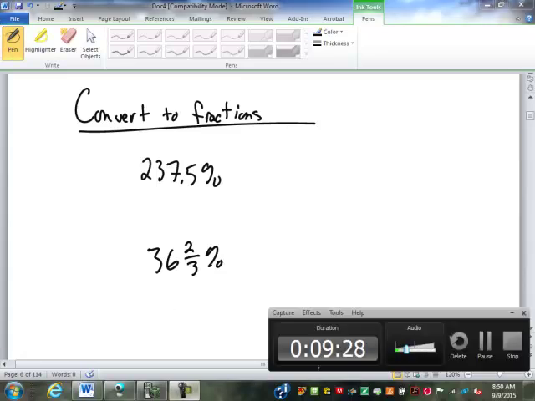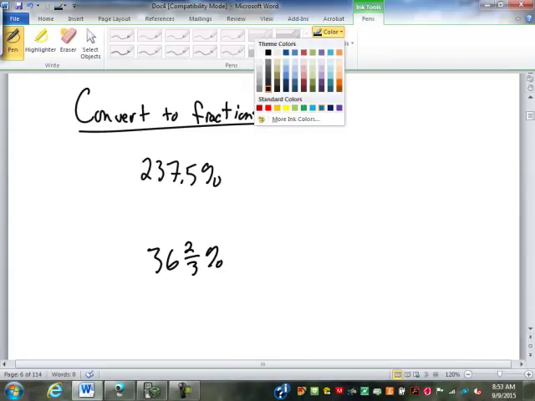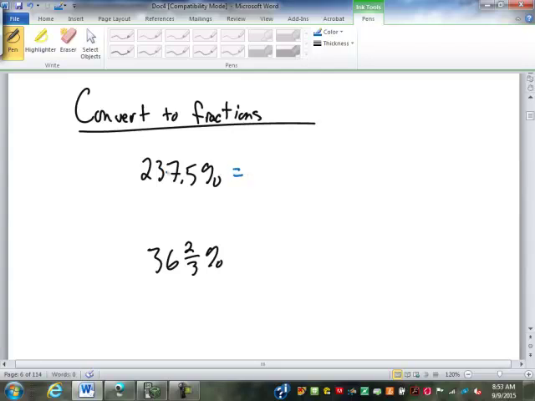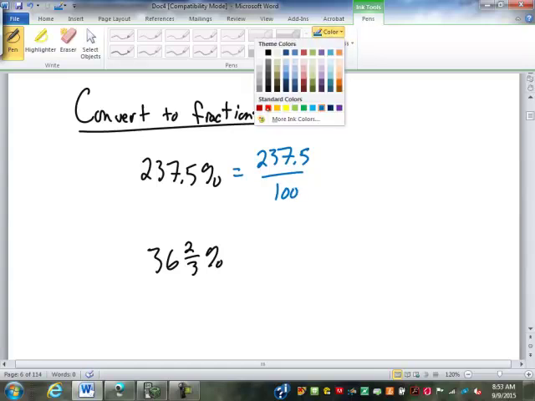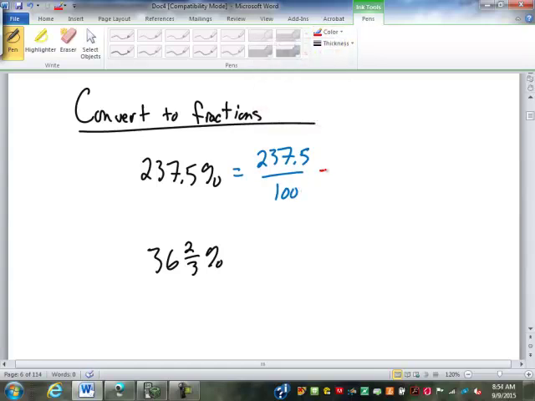Convert those to exact fractions. So for our first one, of course, 237.5 over 100. But we don't like the decimals in our fractions. So what's it going to become? 2,375 over 1,000.